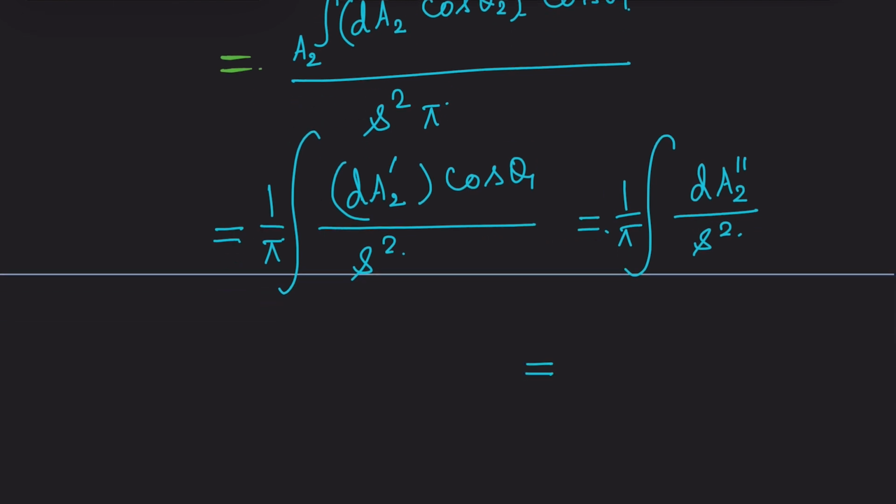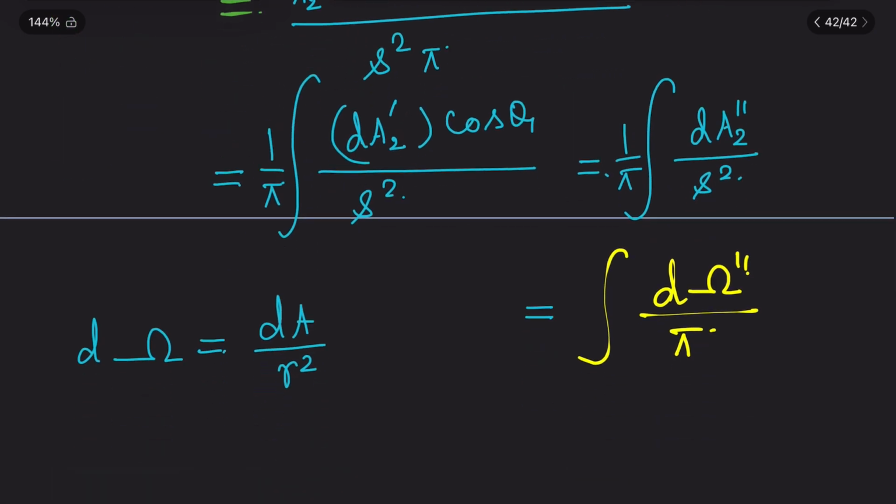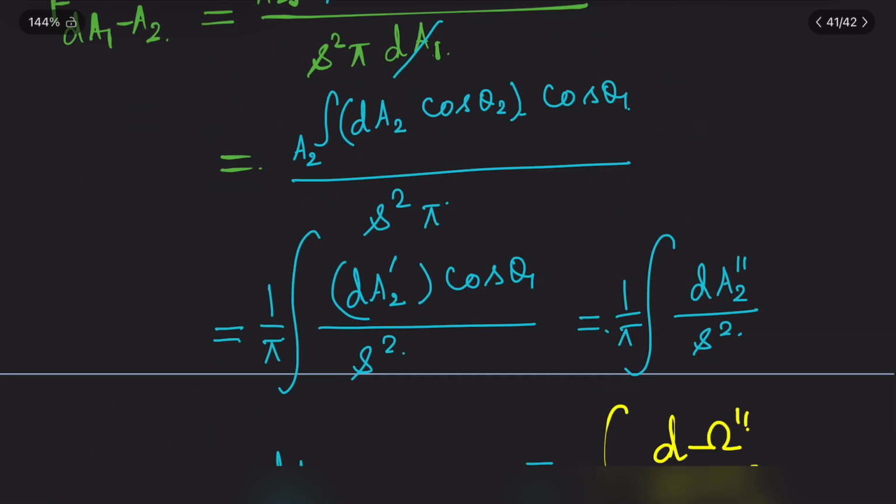Now if I take this pi inside, see, my solid angle d omega is some area dA by some distance square. This is a solid angle, so for our problem-solving purpose we define this as d omega dash by pi. So this whole thing boils down to d omega dash by pi.